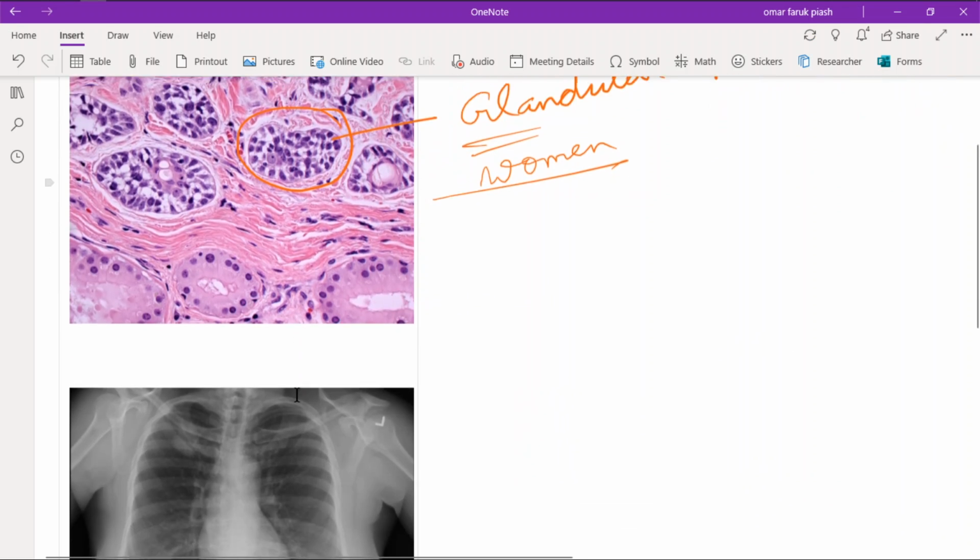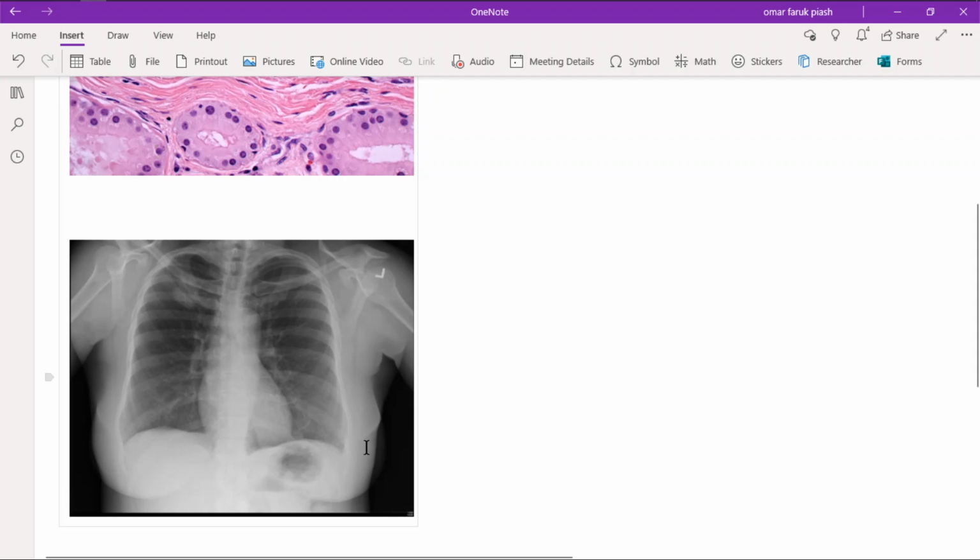This is the chest X-ray. It looks like a consolidation and hazy infiltrate. You might be in a fix thinking the patient has pneumonia. That's why chest X-ray is not confirmatory for diagnosing lung cancer.